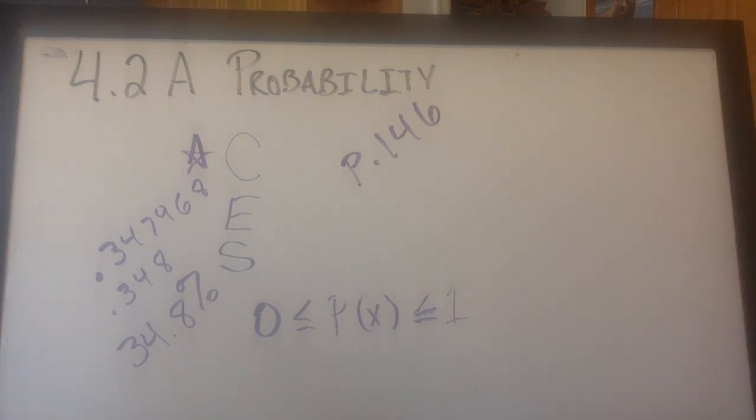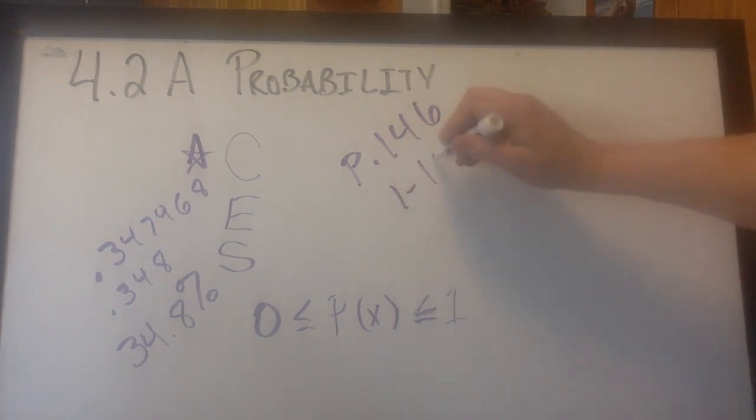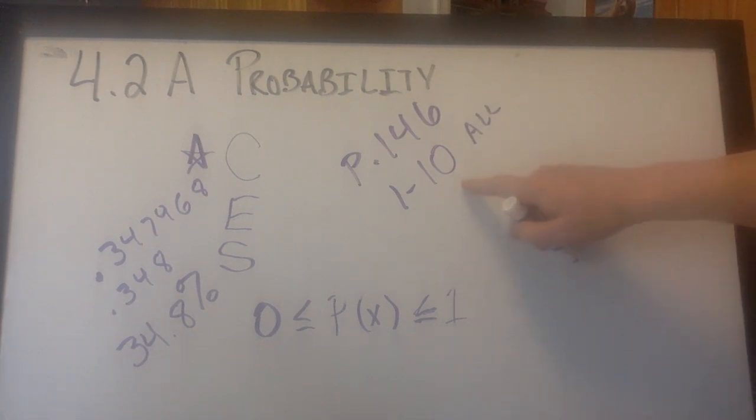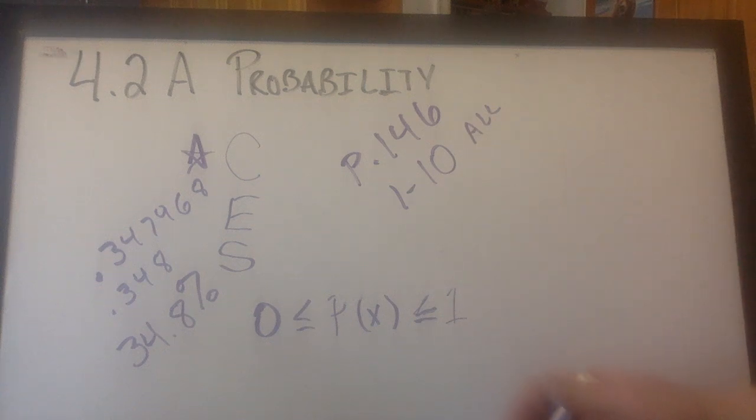And I want you to do all of 1 through 10, all of those. Some of those are just very general questions that you just write an answer down. There's not much math. Some of it's even subjective. As long as you write an answer, I'm going to give you credit.